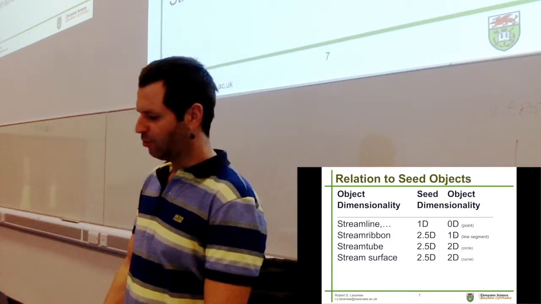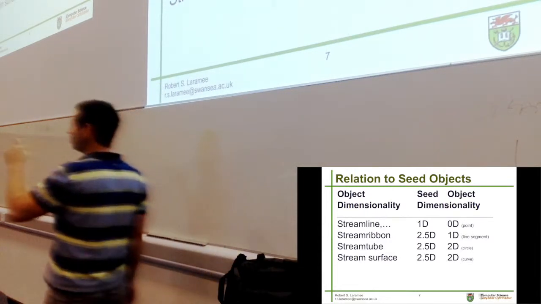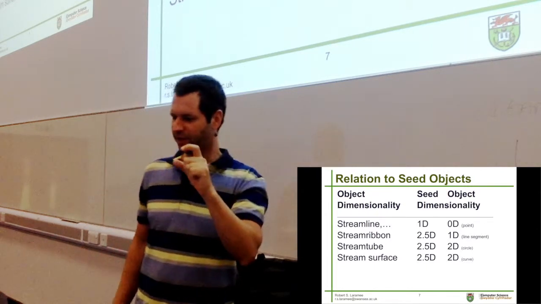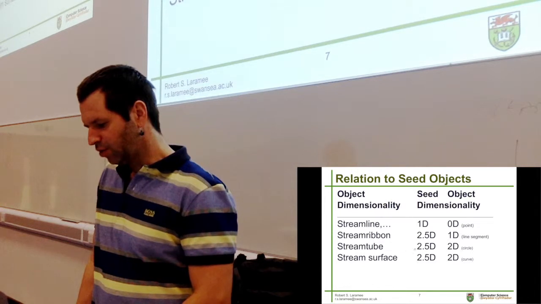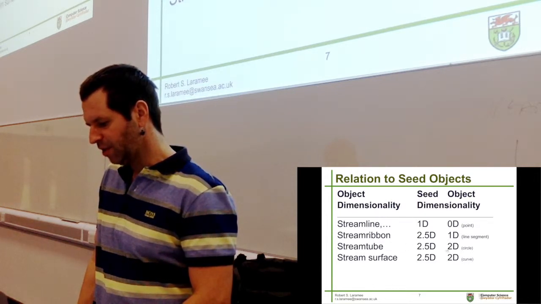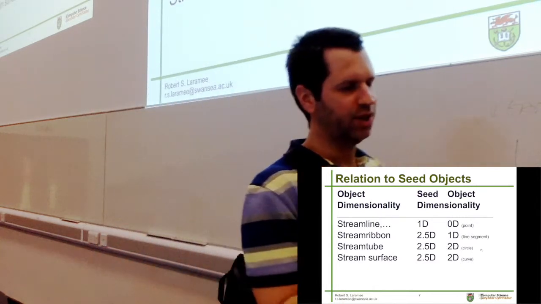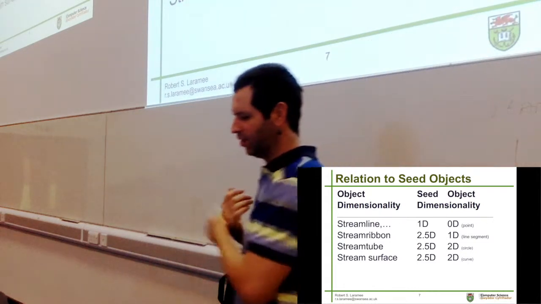And the seeding object is an edge or an edge segment. So 2 points joined by an edge or a 1D line segment. You could say a stream tube is also a surface, but in this case, the object that's used for seeding is an ellipse or some sort of a round curve that joins itself.